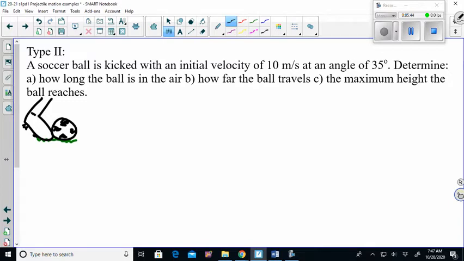Let's put some spikes, we'll make it an Adidas shoe. So the soccer ball is going to be kicked with an initial velocity of 10 meters per second at an angle of 35 degrees.